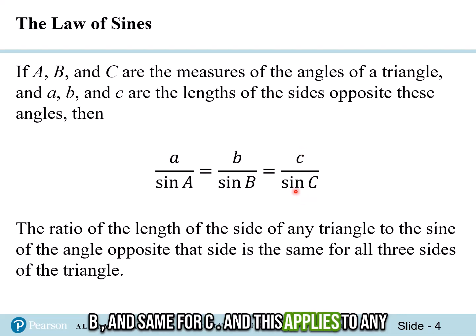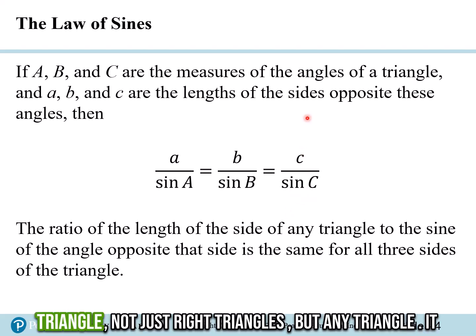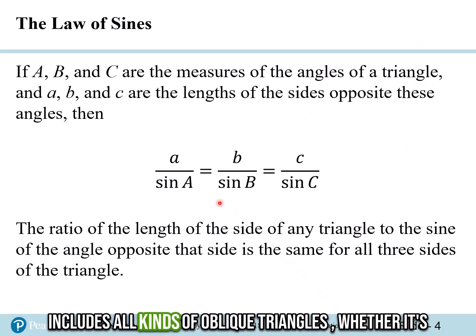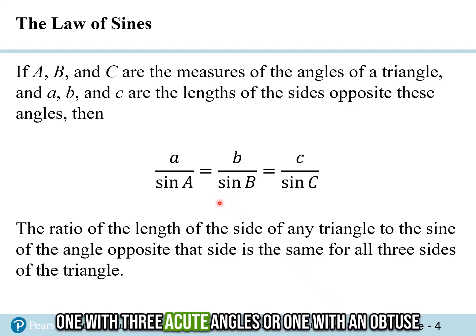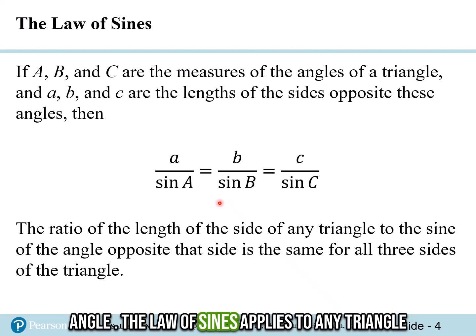And this applies to any triangle, not just right triangles, but any triangle. It includes all kinds of oblique triangles, whether it's one with three acute angles or one with an obtuse angle. The law of sines applies to any triangle.